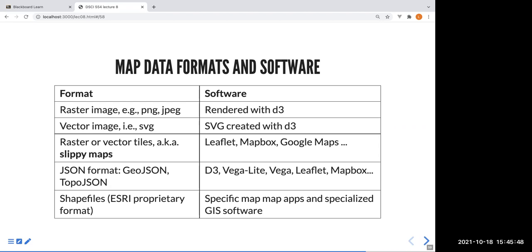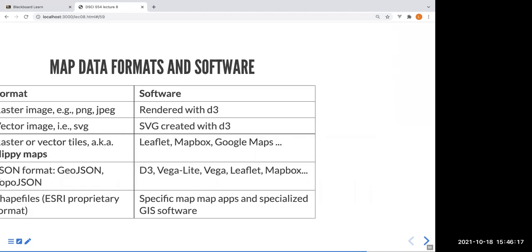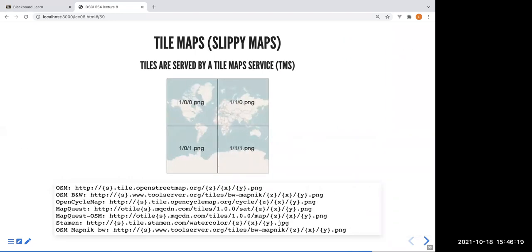The shape files were really the first to materialize geospatial data, but it's a proprietary format. However, a lot of data are in shapefile format, so you need to understand a little bit how to use it. Yeah, these days the GeoJSON is quite popular, so that makes things a little bit easier.